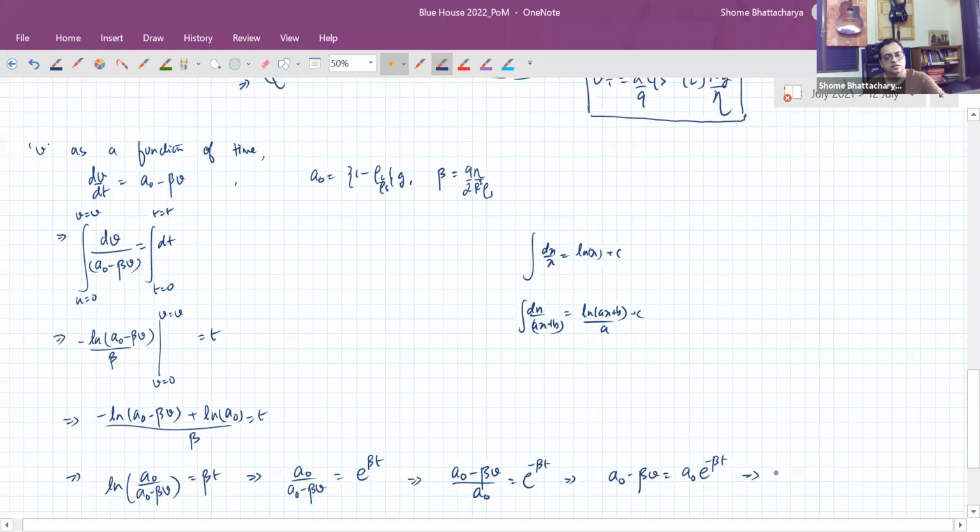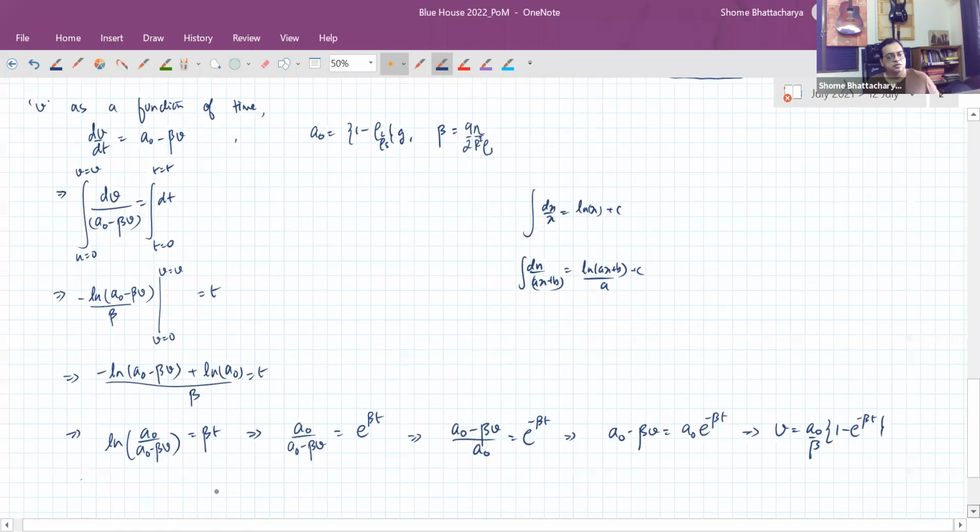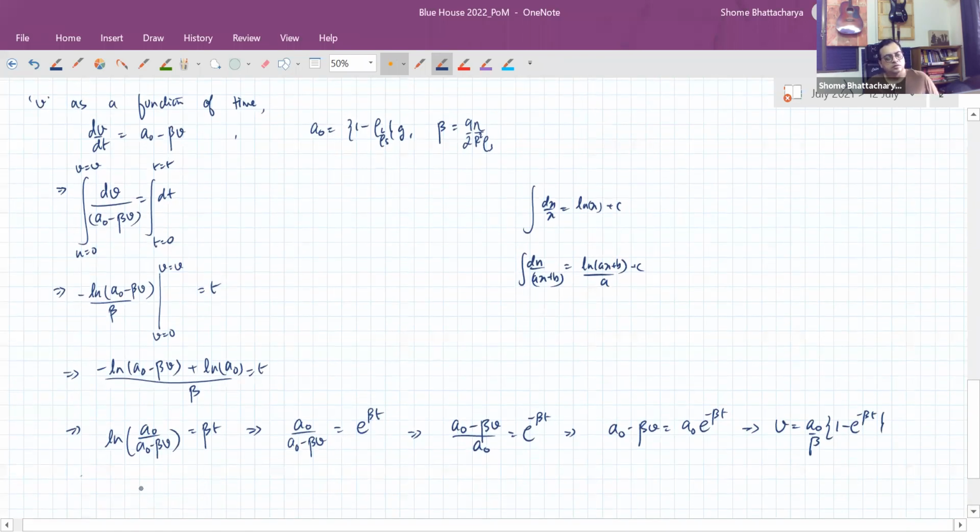So then finally, just resolving this, we'll get it as... now. Recall the fact that this term, a naught upon beta, is actually the terminal velocity.